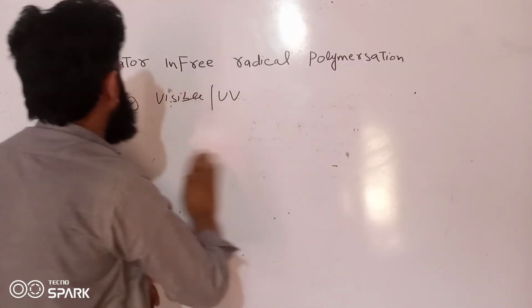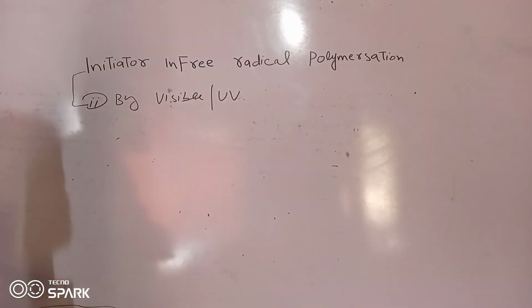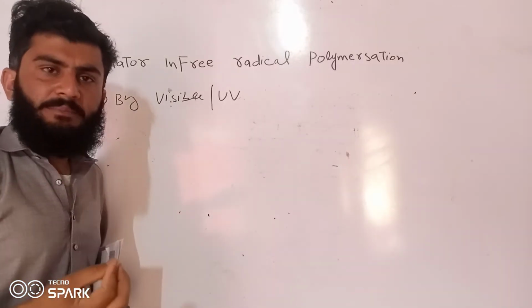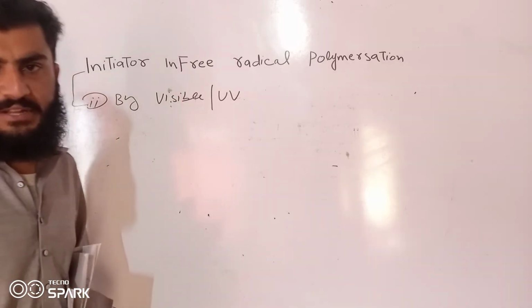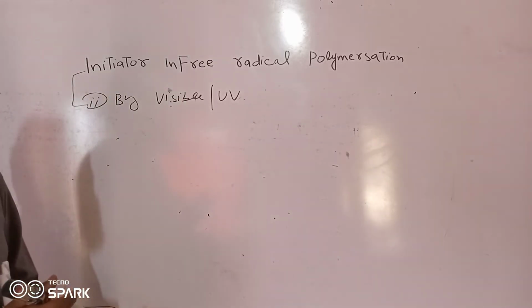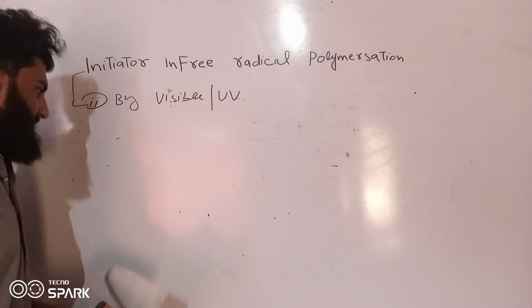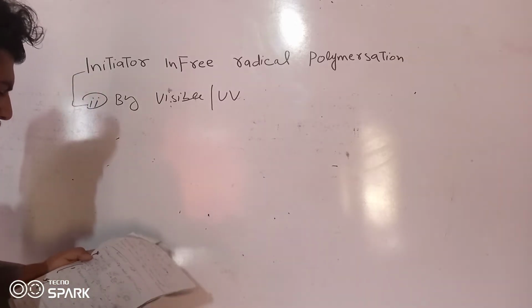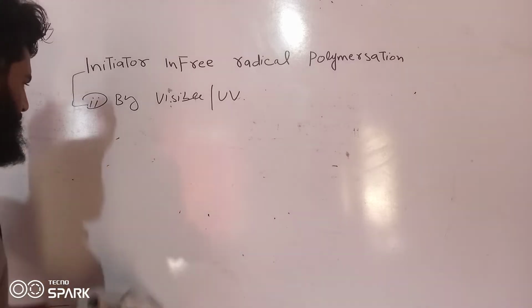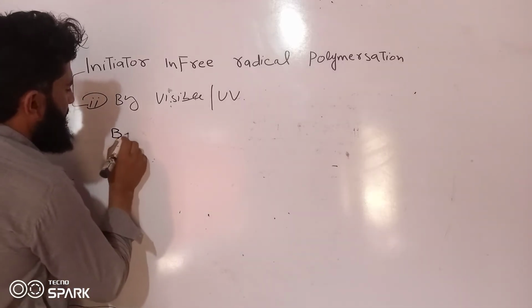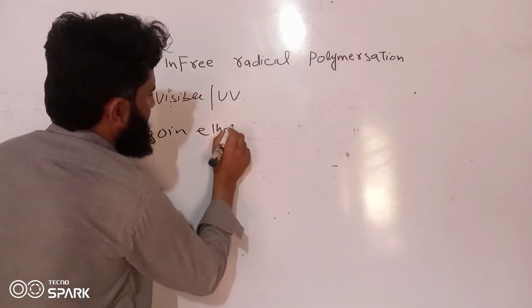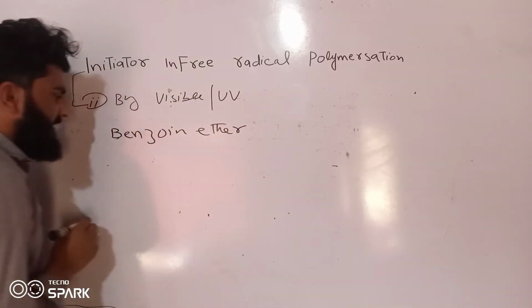The next example is related to visible and ultraviolet radiation, that is how we produce radicals by using ultraviolet and visible radiation. Clear? So one example is clear, and now the second example. For example, we have benzoin ether.